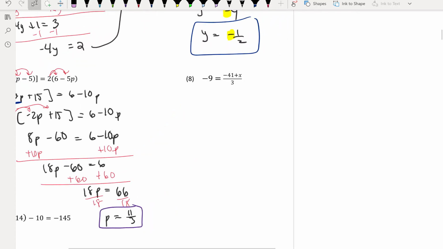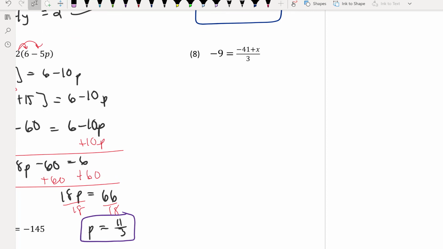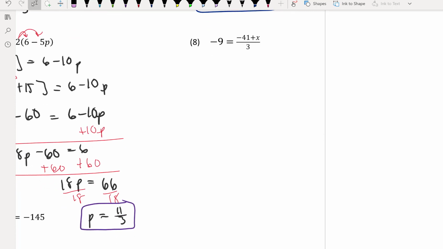So for number 8, here I'm starting off with a fraction, versus in number 7, I just ended up with a fraction. So again, we are going to try to get the x isolated. If I see that divide by 3, then I'm going to multiply by 3 to get it alone. So now I have 3 times my negative 9, that's going to be negative 27, and I have a negative 41 plus x, because the denominator and the numerator cancel each other out.